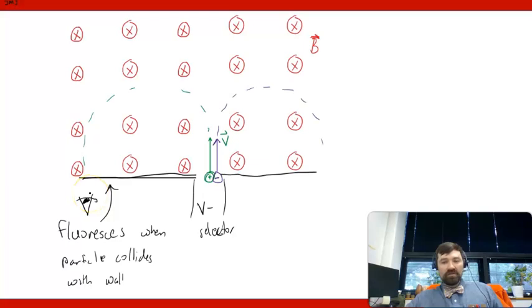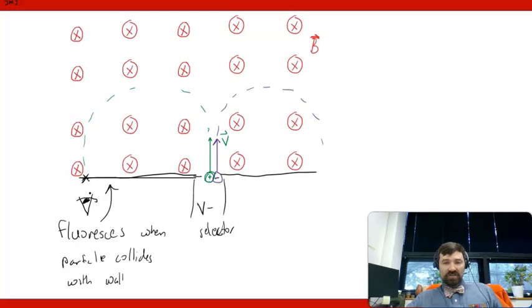And then usually there's some sort of detector that's watching for fluorescing. Maybe it's a camera, for example, that can take a picture showing that there's a bright flash occurring right here. And that is then noted as a particular position.